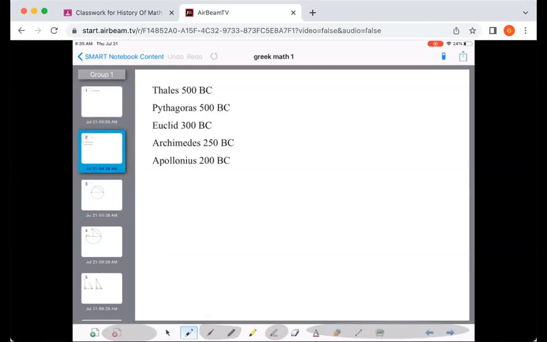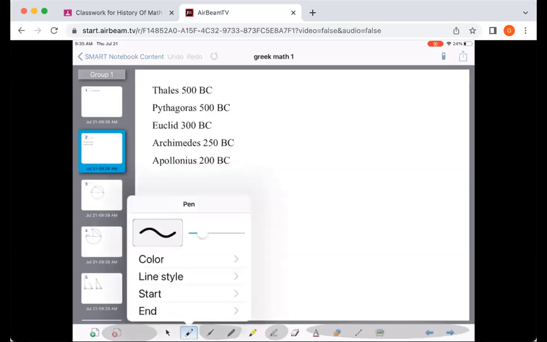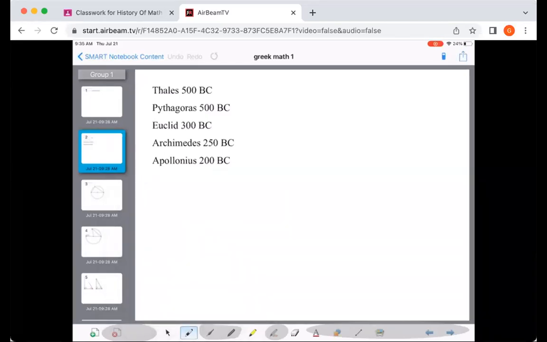The first name that we really have associated with inventing and developing geometry is someone named Thales, in about 500 BC. Pythagoras was also around 500 BC. Euclid was a little later, 300 BC.